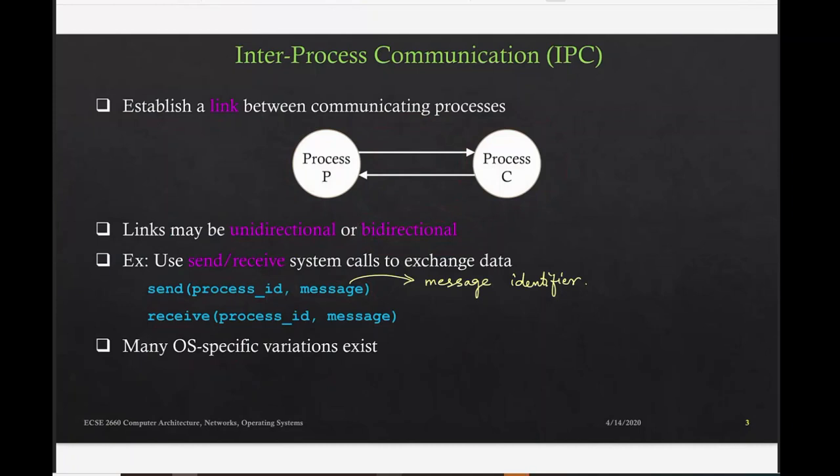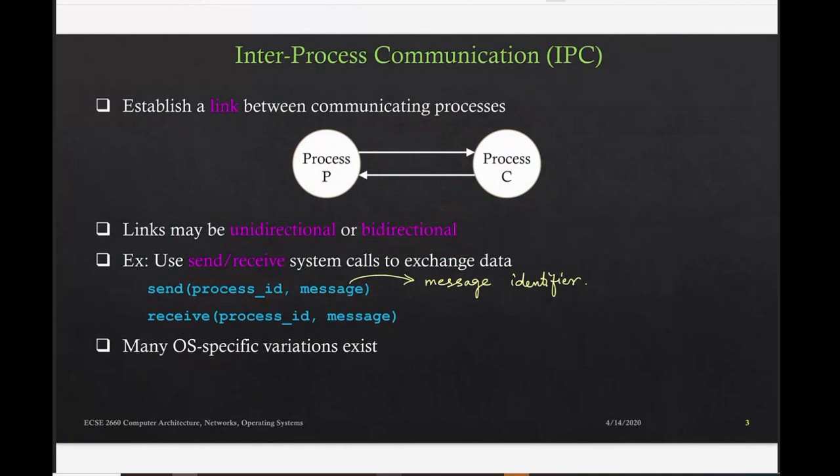So if you want to send a message to process P, then from the originating process you say send to process P, their process ID goes over here, and a particular message identifier goes over here, which points to the message that you want to send to that process.